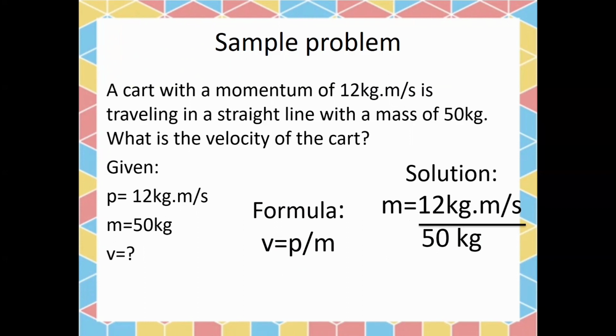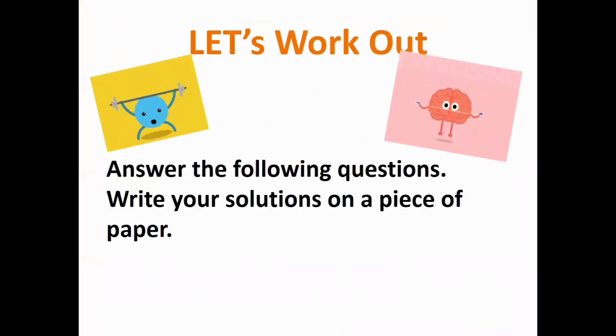Since there is like unit, we're going to cancel them out. 12 divided by 50 is 0.24. Copy the remaining unit, that is meter per second. So the velocity is 0.24 meter per second.